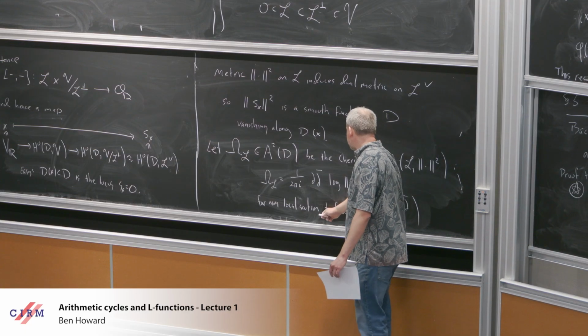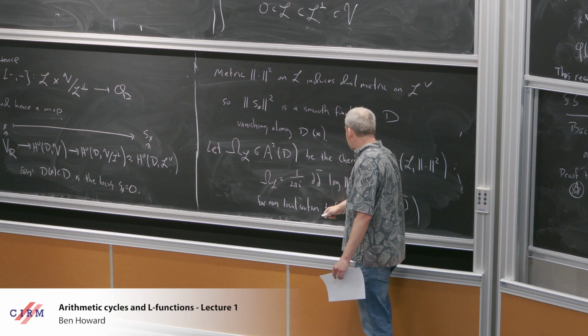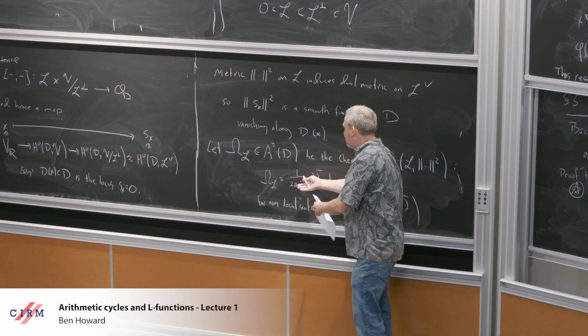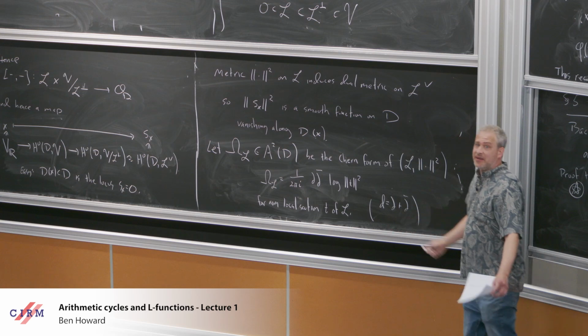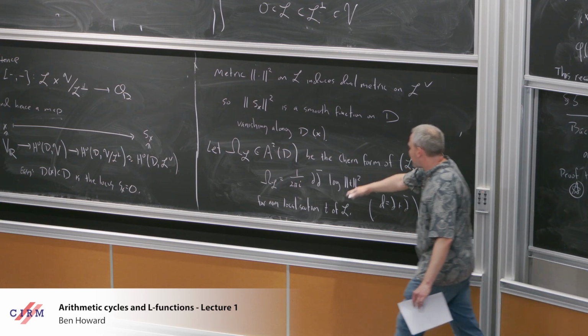And you can check that this is independent of the choice of local section, and so they glue together to give a global differential form that's independent of any choice. Except it depends on the metric, but not on the section.